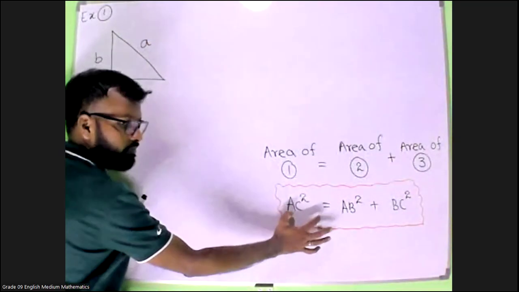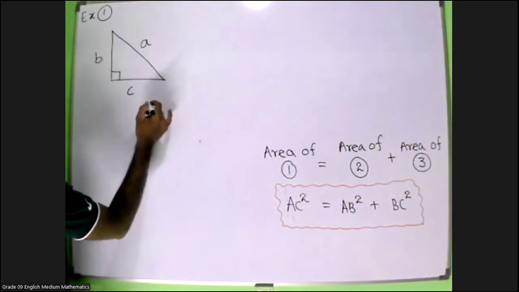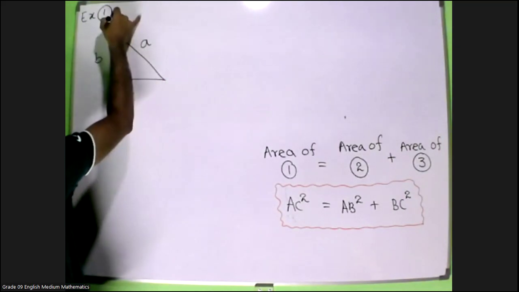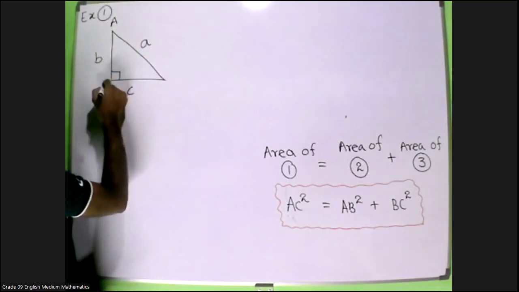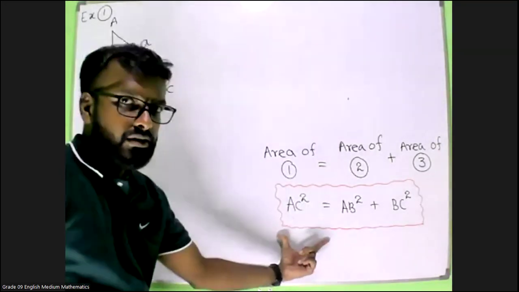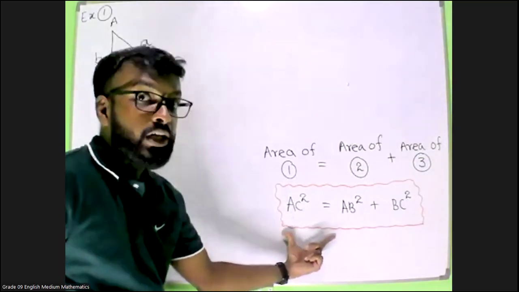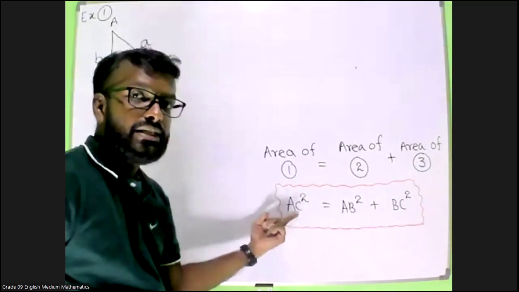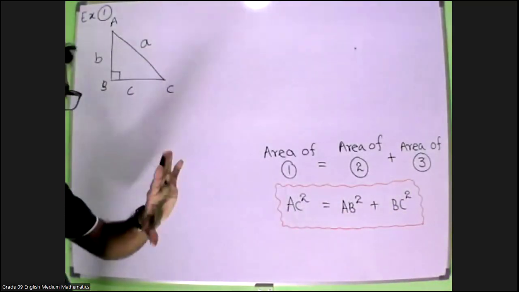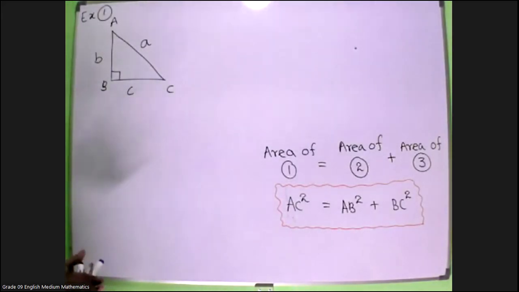So this is A, this is B, and this is C. By looking at this equation, I am going to substitute what is AC squared, what is AB squared, and what is BC squared. Basically, this is the way you are going to apply the Pythagorean relation.